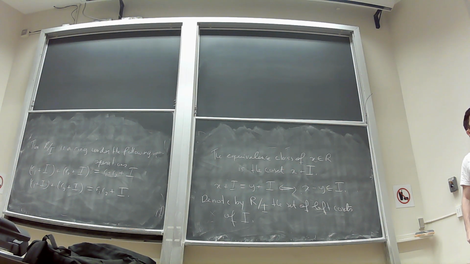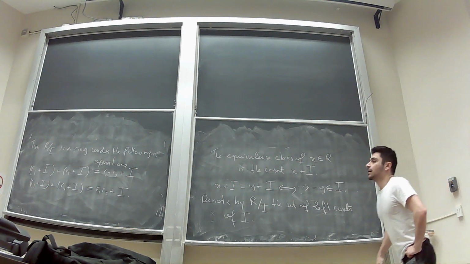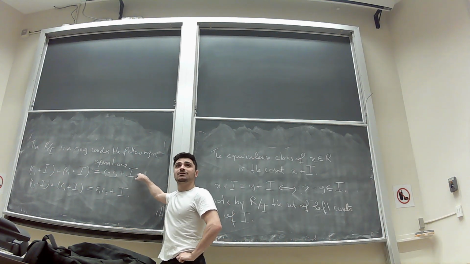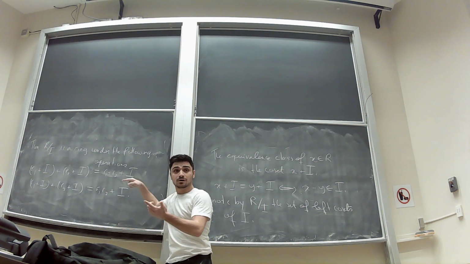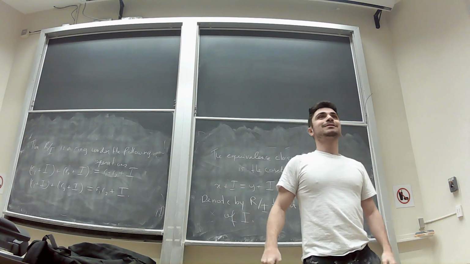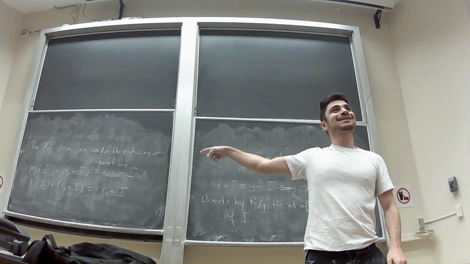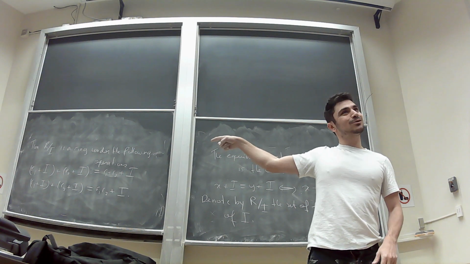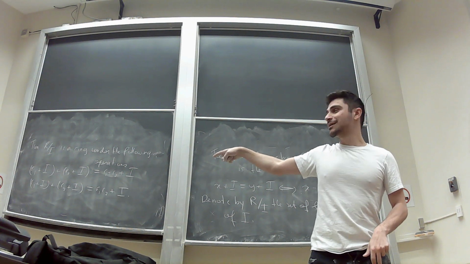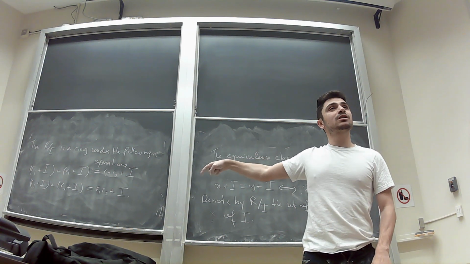Is the first one well defined? Yes, because it's a normal subgroup. The first one is the group operation on the quotient group, so it's well defined. Now what we have to show is that the second one is well defined.